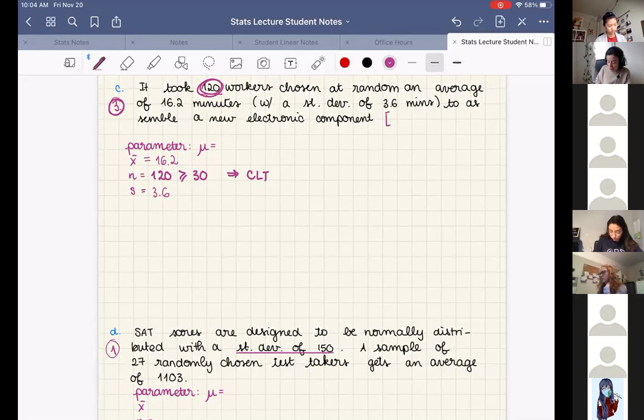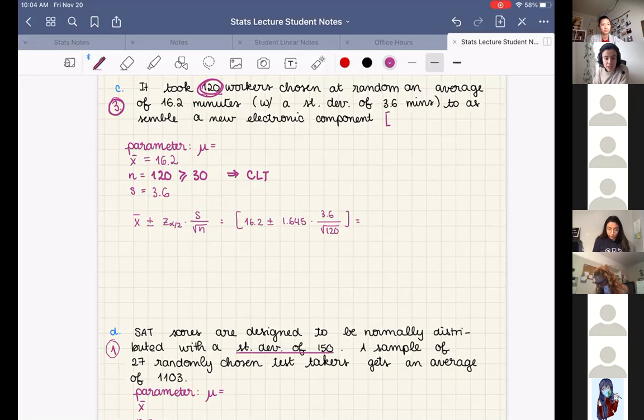By using the third formula, we simply had to evaluate x bar plus or minus z alpha over 2 times s over square root of n, which in this case means 16.2 plus or minus 1.645, because this is the same value for z that we found last time. It's the value that separates the top 5% from the bottom 95%, times 3.6 over square root of 120.